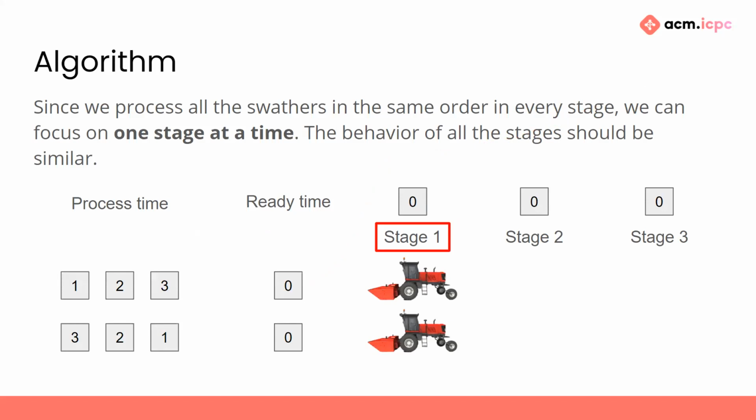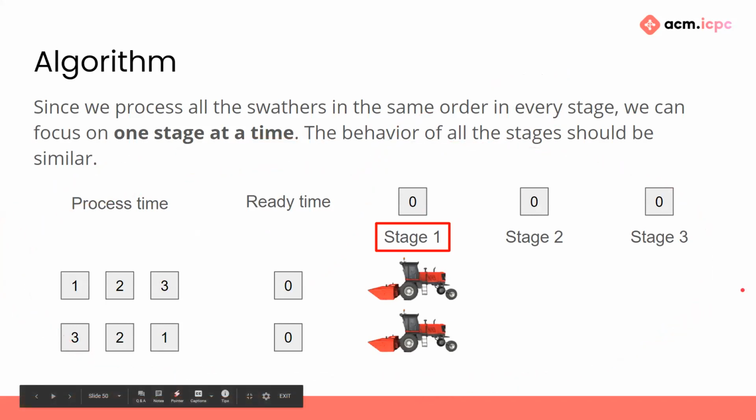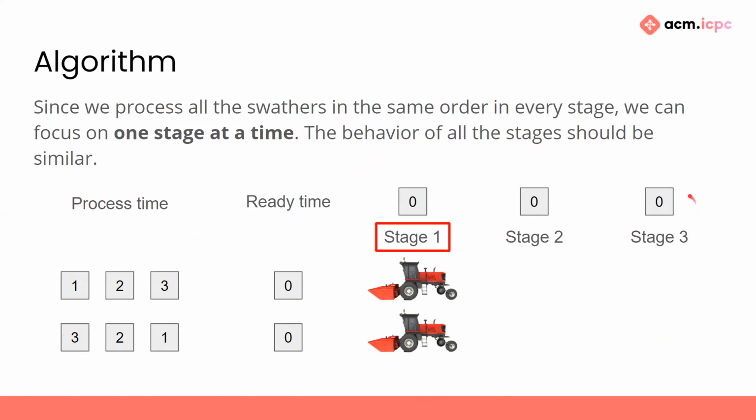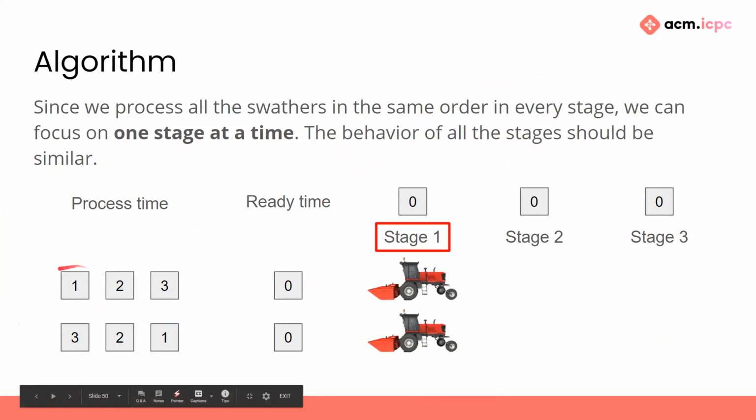Now, to actually solve this problem, I made this diagram down below, and I'm going to explain everything. Here on the left, the process timetable, we have 6 slots, right? This is sample input 1, by the way.